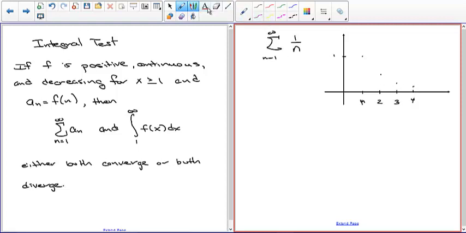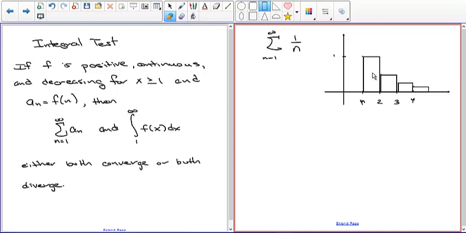But if we were to take them and make them into rectangles, so if we made a rectangle like this, and then another rectangle like that, making them the height of the nth term of the series, and finding the area under these rectangles where the width of each rectangle is 1 and the height is the value of the series at the particular values of n, you would get the same answer.